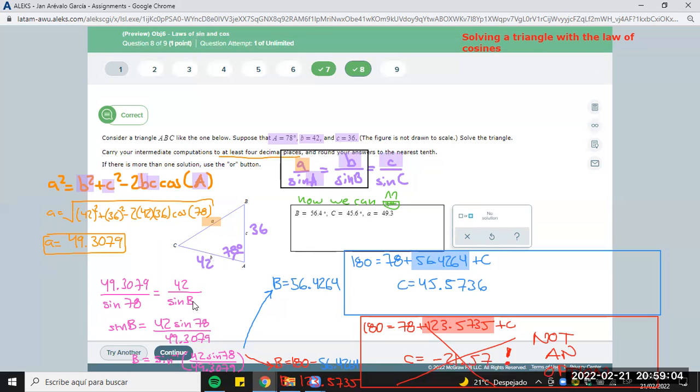So a first step to leave sine of B alone, and this will be multiplying in the left hand side of the equation, and this is going to be multiplying in the right hand side, and this is going to be dividing in the right hand side, and it will look just like this.